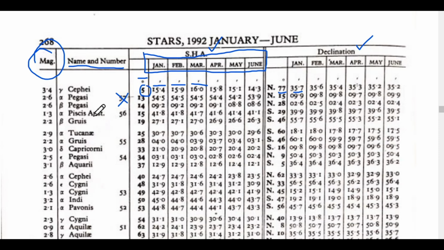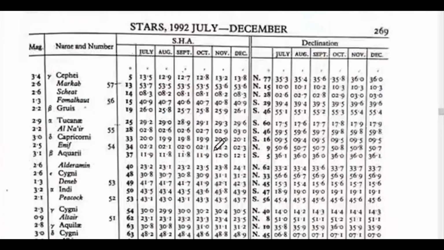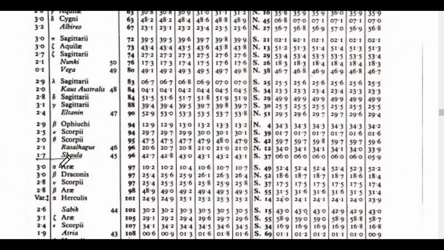Right. Now, beta, these stars which are mentioned here, you can see the magnitude of all these stars. Let's go to the right side page. Okay, this is the right side page, page number 269. You see the magnitude of the stars. It's mentioned here. We discussed the variable magnitude.